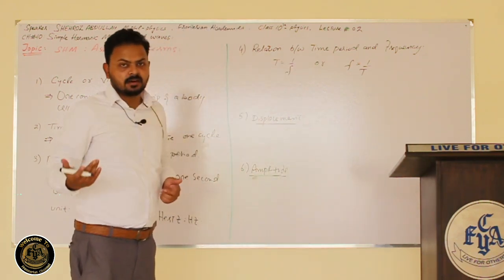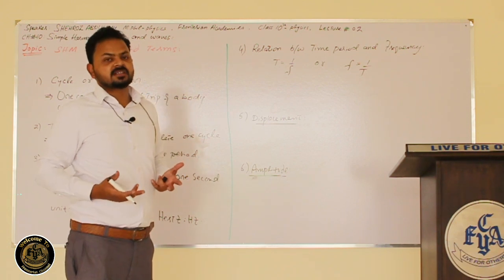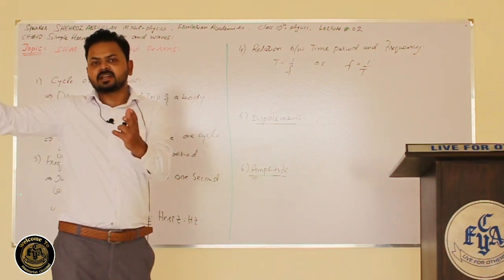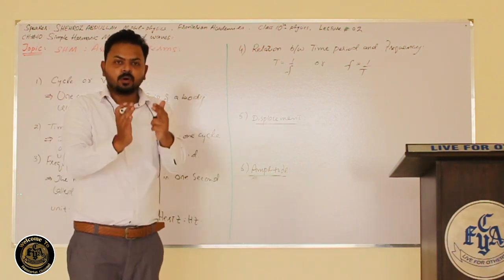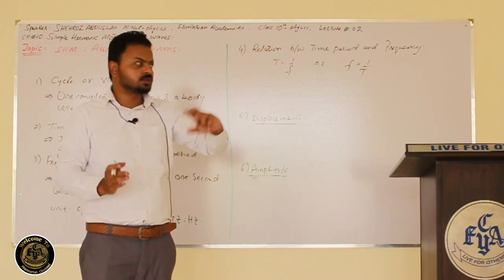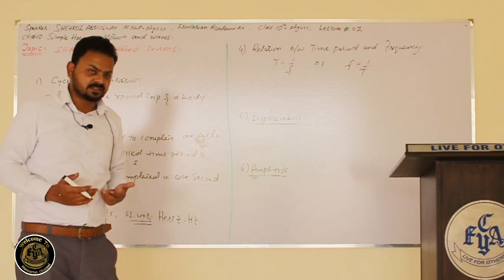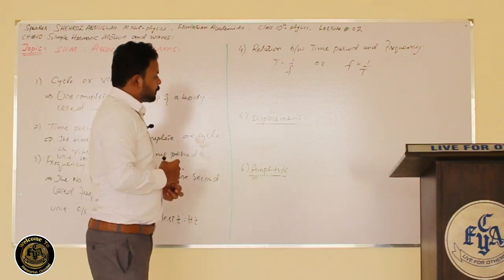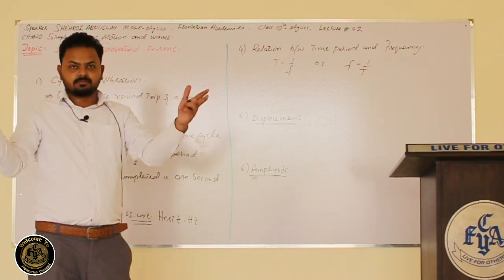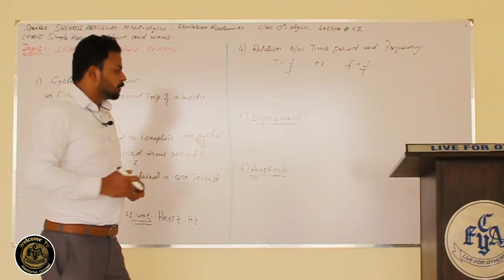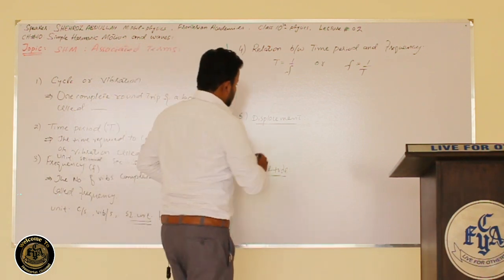In yesterday's example of a mass attached to a spring, we were starting from the mean point O and reaching a certain point A and then to A dash. So from A to O, or in other words O to A dash, both can be displacements. So in displacement we say the distance covered by a body on either side of the mean position is known as displacement.